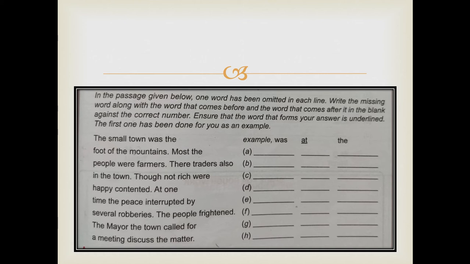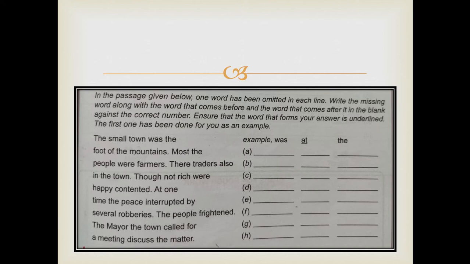So of is the word which we have supplied, and we are going to underline that. Called for a meeting to discuss the matter. So to is the word which we are supplying. So meeting in the first blank, to in the second blank, and discuss in the third blank, and underline the word to. Clear, children? I hope it's clear to you.